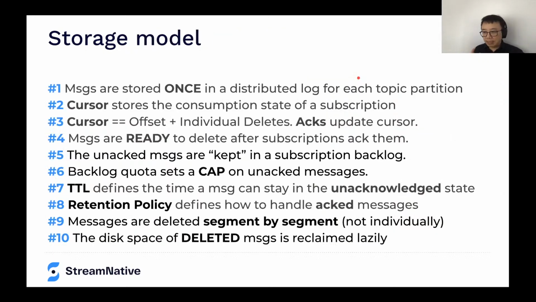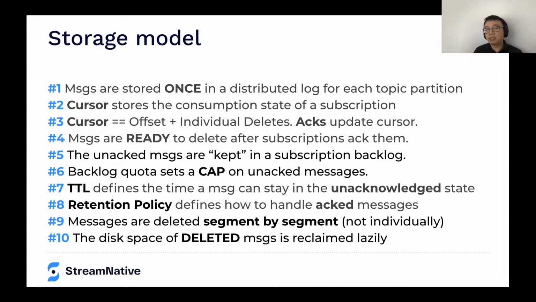To summarize, in the Pulsar storage model, all the data is stored in the topic partition, and acknowledgement, TTL, and backlog quota are all related to the subscription, and those are related to a cursor. When you change a cursor, it actually changes the state of a message, whether the message can be deleted or not.